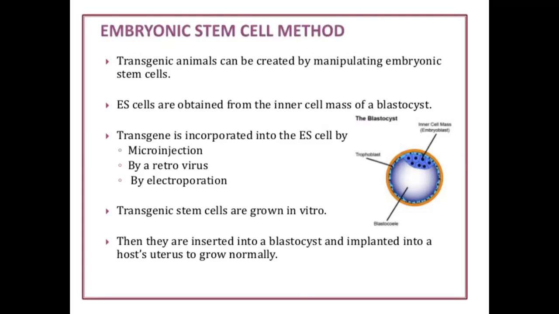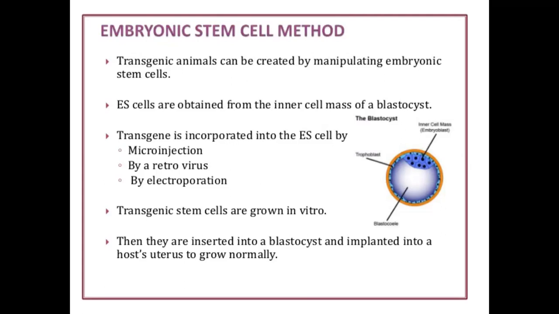Cyst means hard covering. The transgene is incorporated into the embryonic stem cells by microinjection, then by the retroviral method, then by electroporation. These are the different methods by which we can introduce the transgene into the embryonic stem cells.